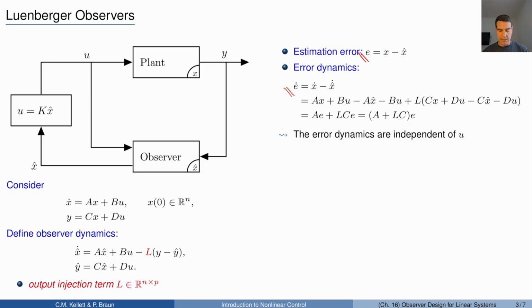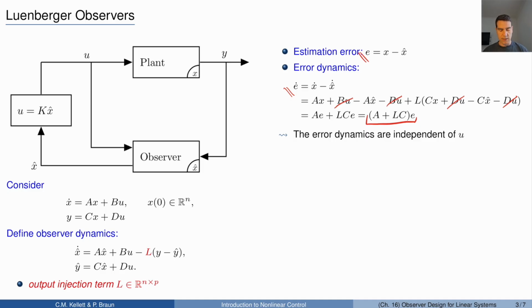We again see that the input cancels out and also the component with d u cancels out. We can simplify the expression, and what we are left with is simply A plus LC times the error as the closed loop dynamics for the error e.